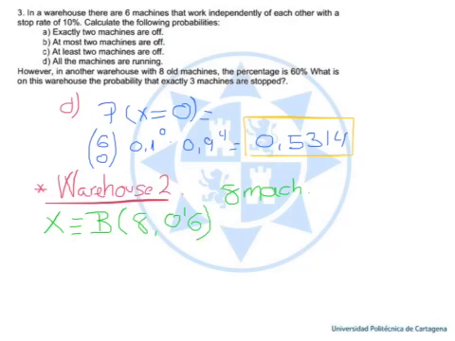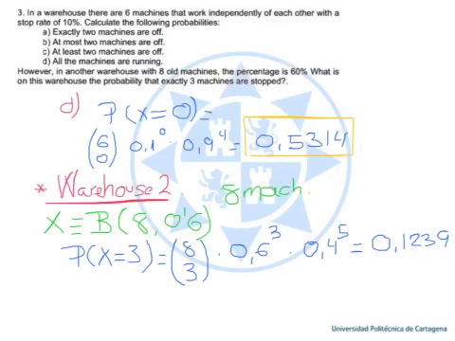We know that this is a binomial distribution as it is the repetition of several Bernoulli experiments, in this case 8 experiments. So here we have the result.